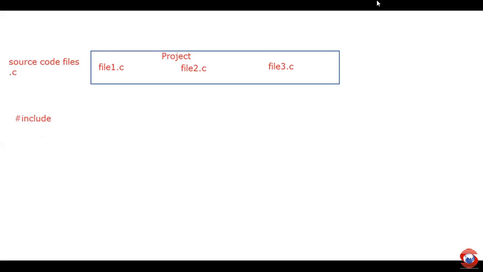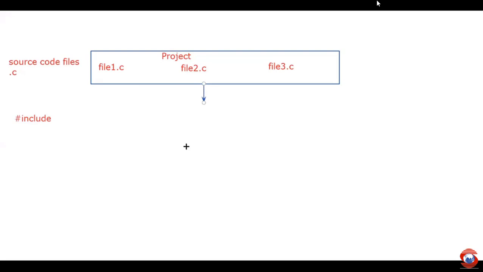When I'm talking about pre-processing, first of all, whenever I have included hash include, the next step is your program will try to perform the pre-processing task. What is pre-processing? It will try to bring your linked files into your program. I have written hash include stdio.h, yes.